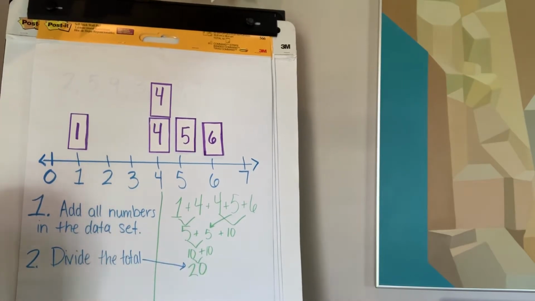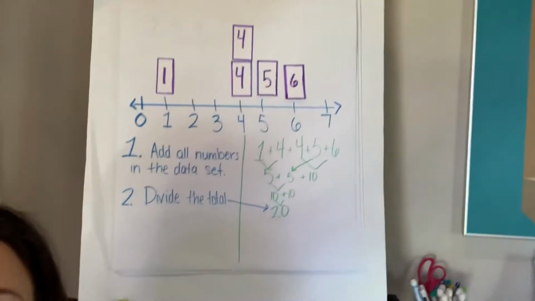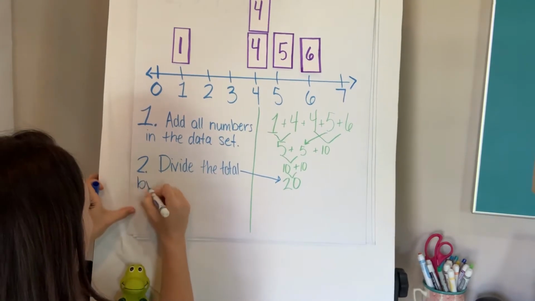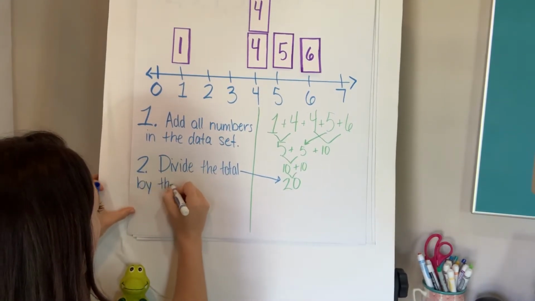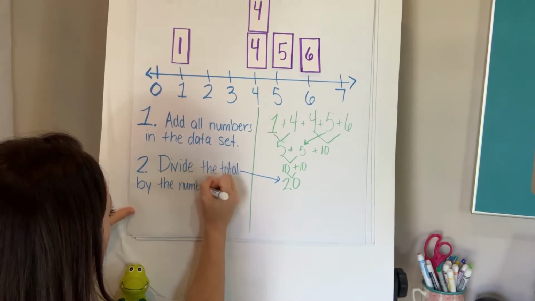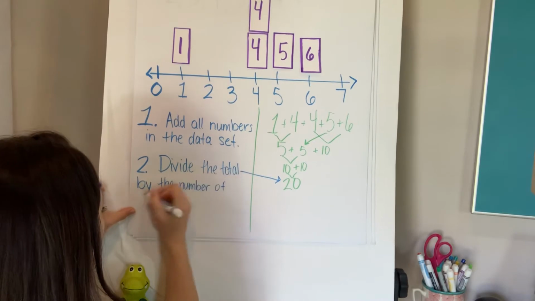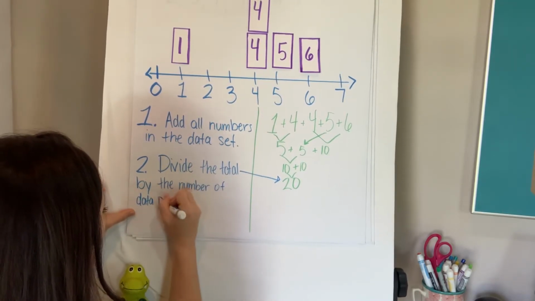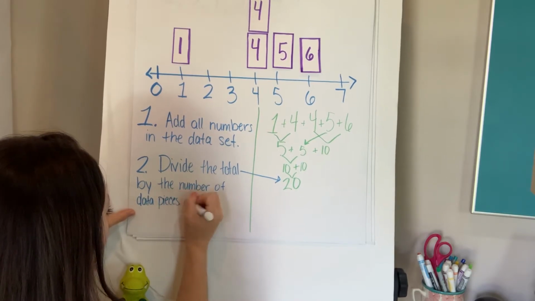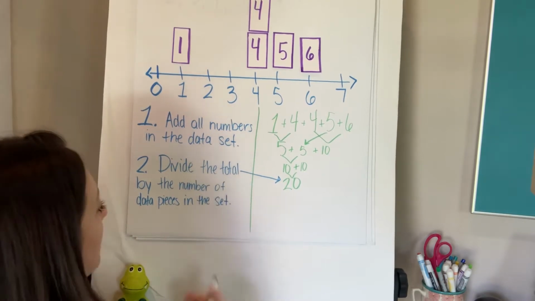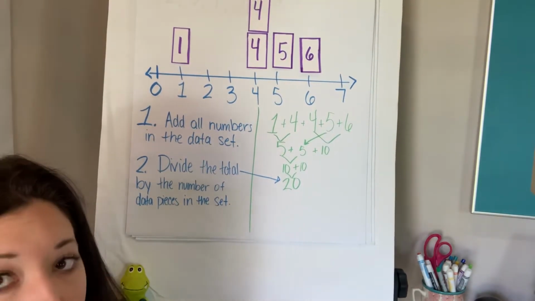Divide the total by the number of data pieces in the set.